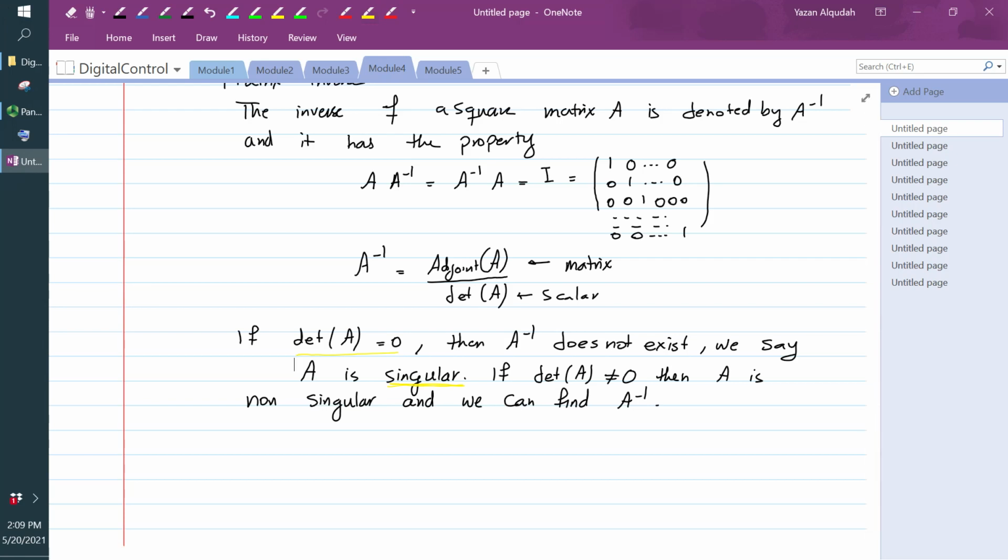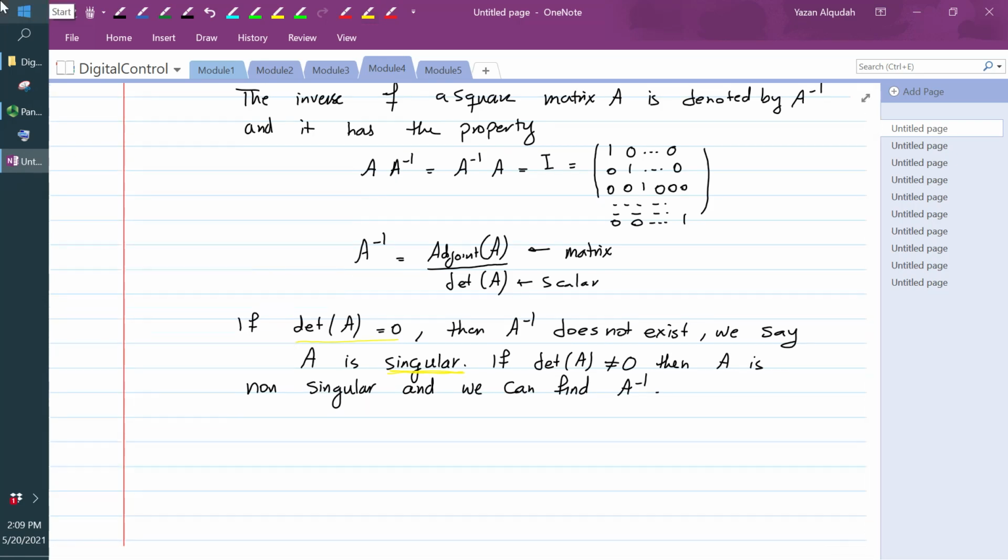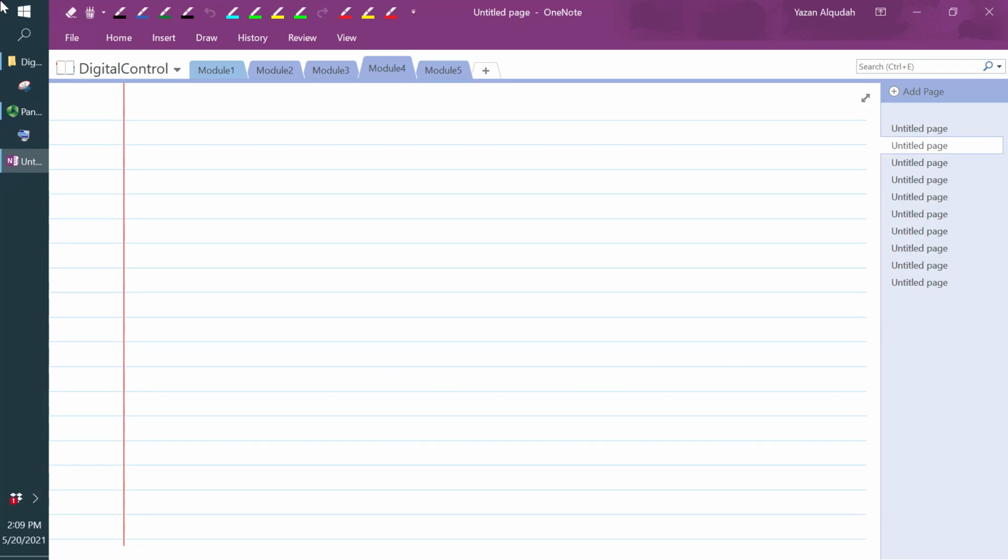Okay, now the other thing we're going to look at is the eigenvalue and the eigenvectors. So let's see what this eigenvalue and eigenvectors mean, and then we'll see how they apply to our state space representation. Now, some of you might have heard of these, some of you might not have heard of it.